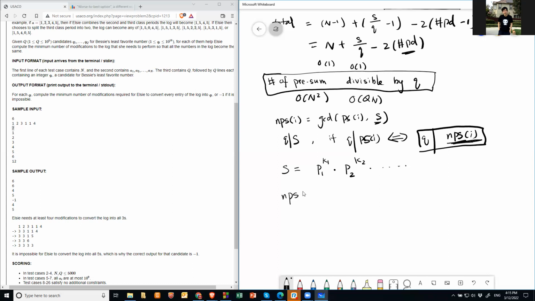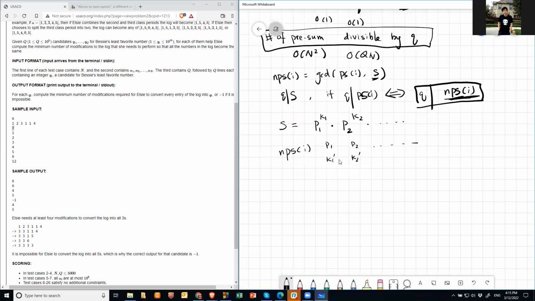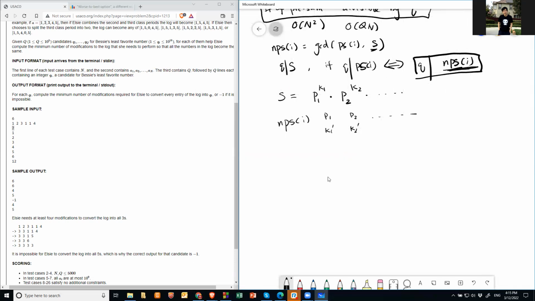So the new pre-sum can be written as P1 to the prime power K1', P2 to the power K2', and so on and so forth. Okay. Like many problems, if I can pre-calculate, right? This new pre-sum is already said to be less than or equal to S, right?